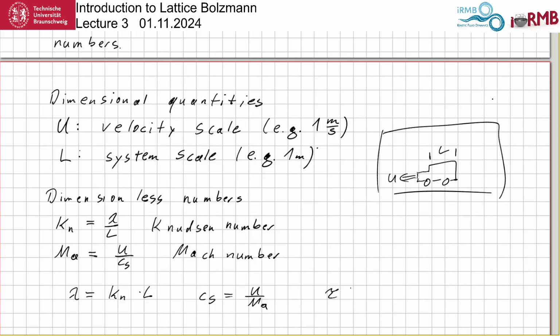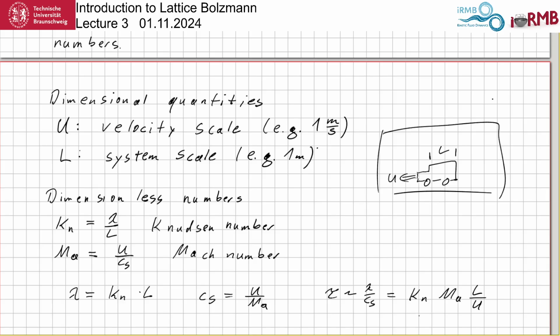Because we know tau is proportional to lambda divided by Cs. So now we plug lambda and Cs in, and we get the Knudsen number times the Mach number times our two scales. So the mean free time is related to the size of the system divided by the velocity, times the Knudsen number and times the Mach number.